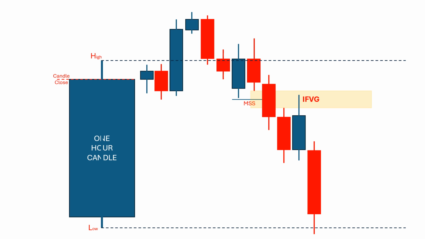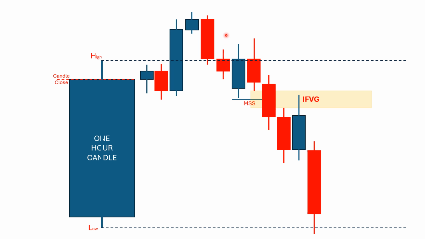All right, now this one, of course, you need this displacement. Now, there are certain cases where maybe you just missed. Of course, there's a balanced price range here. You have a fair value gap here, and then another fair value gap here.